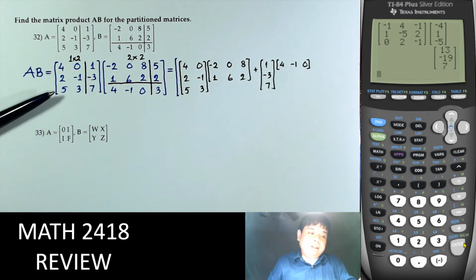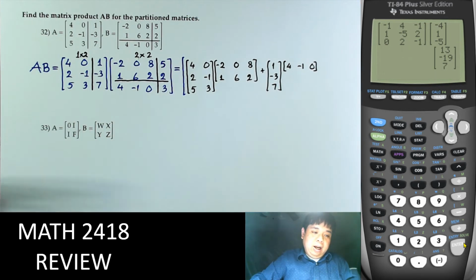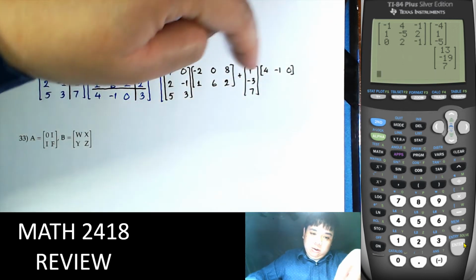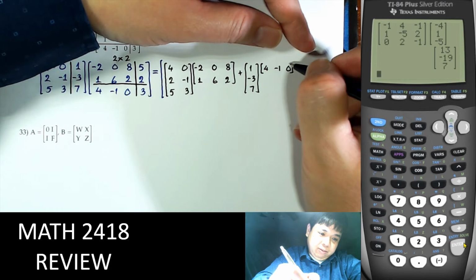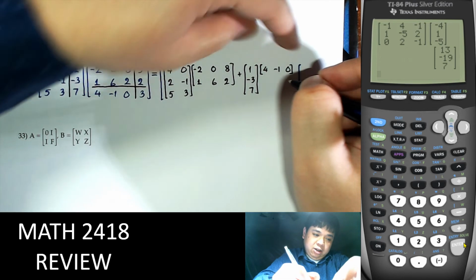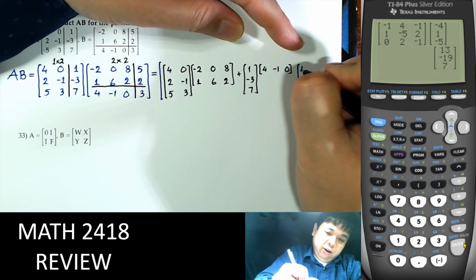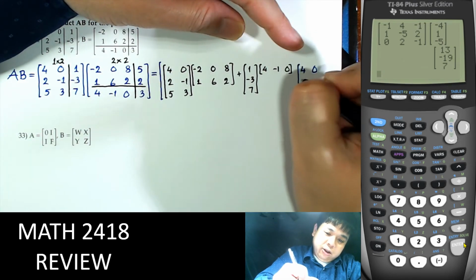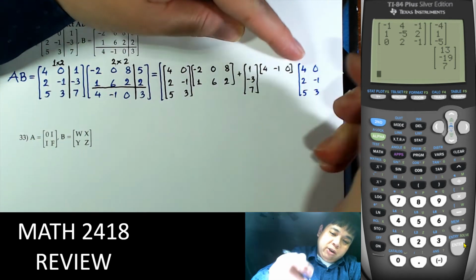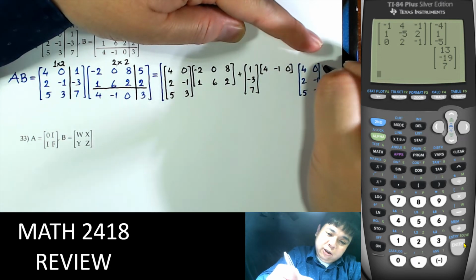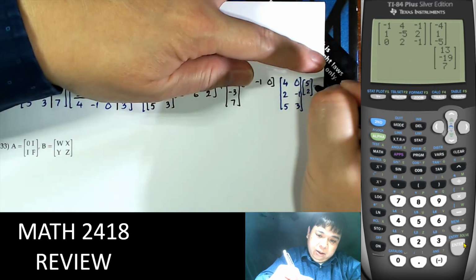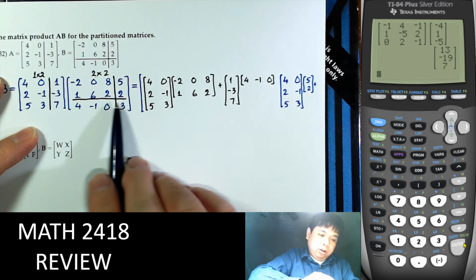So that's the first entry, row times column, and then row times column. Sorry, kind of ran out of space here. So that's the first entry in the matrix, and then we have 4, 0, 2, -1, 5, and 3. So first times first, and then plus row times column.